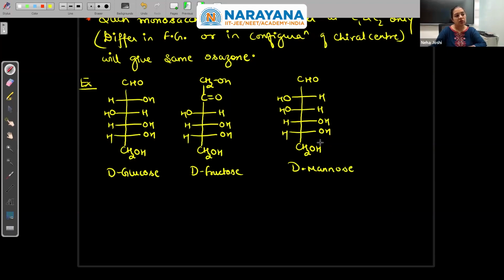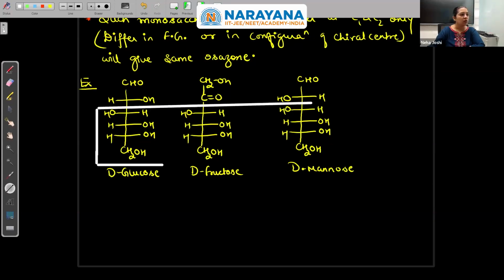And yesterday I mentioned it is D-mannose. Now, if you compare this part of the molecule, just check, it is the same.